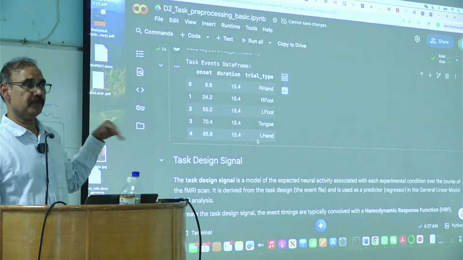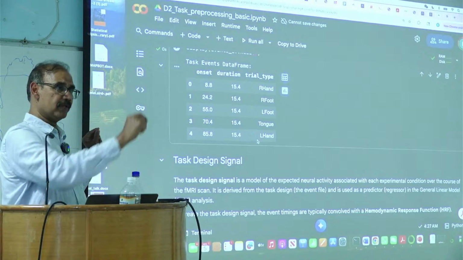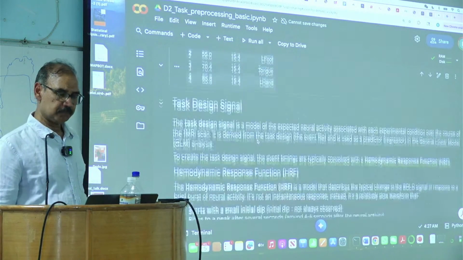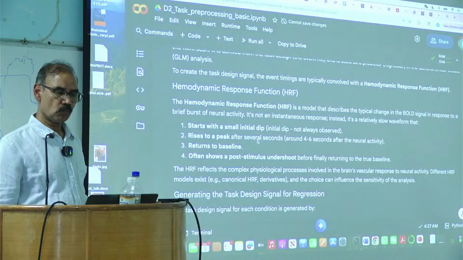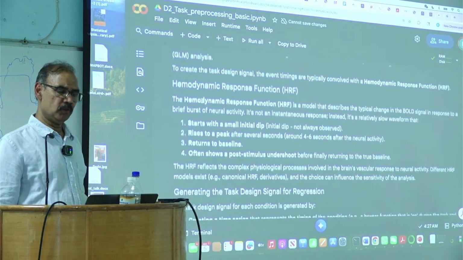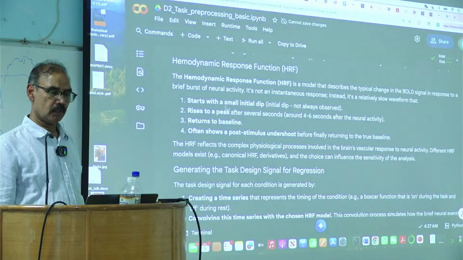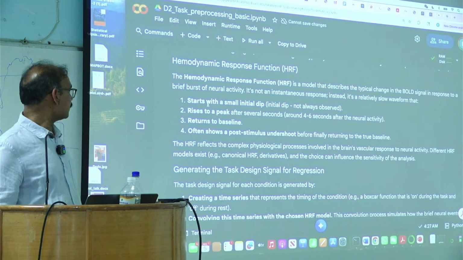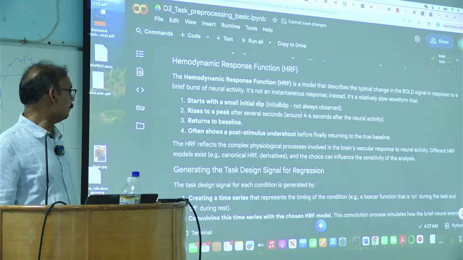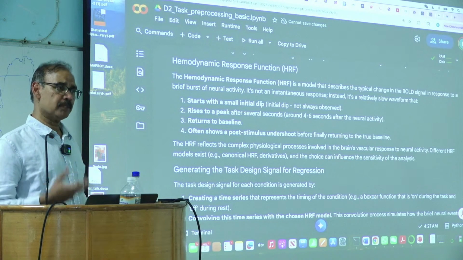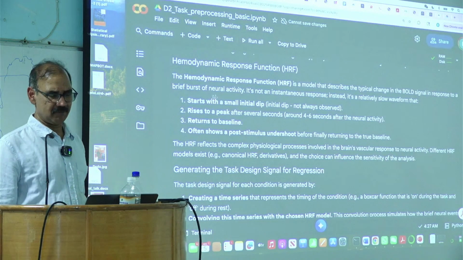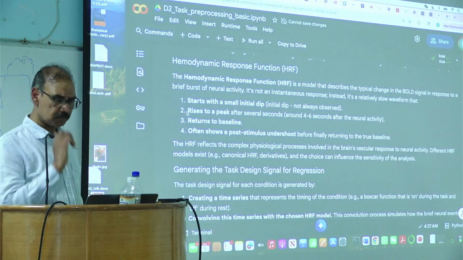So we have to come up with a reference function, and we are going to use a hemodynamic response function, which starts with a small initial dip, although the dip is not always observed, or I should say very rarely observed.